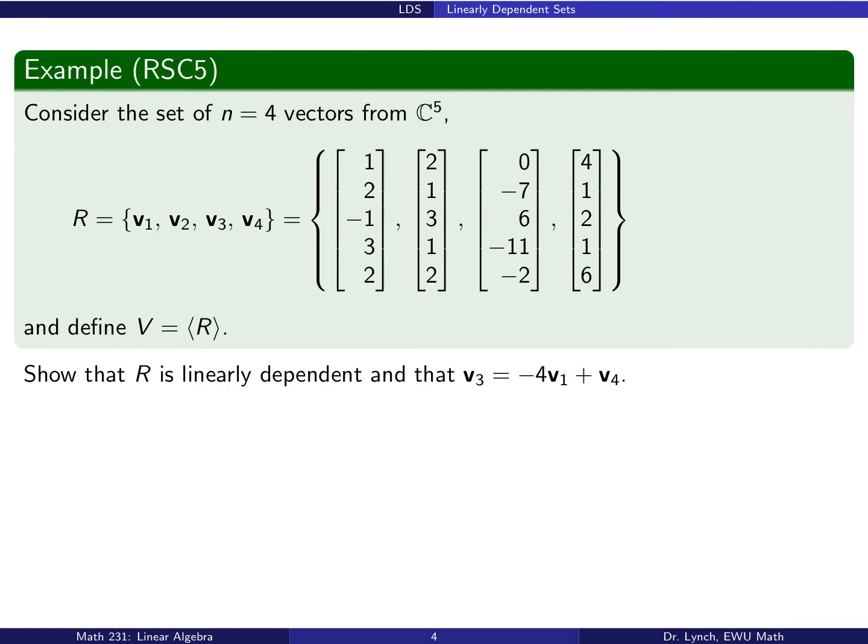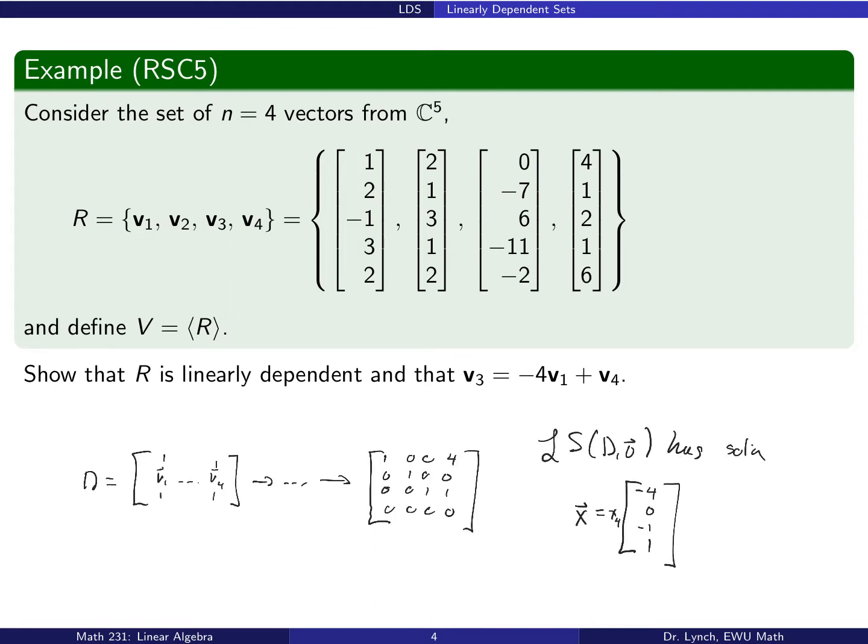In order to do that, we'll form the matrix D. This matrix D will have the vectors v1 out to v4 as columns. In doing so, reducing D to reduced row echelon form, we see that the homogeneous linear system has a solution that can be described in vector form as x4 times minus 4, 0, minus 1, 1.